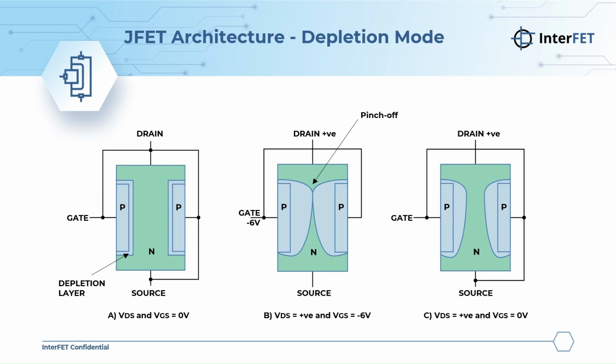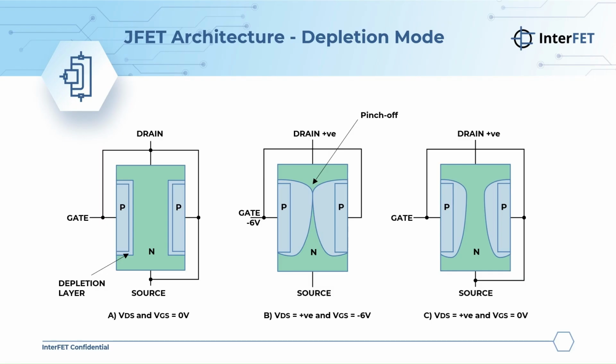In C, where VDS is greater than 0 and VGS is 0, which is an unbiased gate, conduction is set by the device geometry. With the gate at 0 volts and a positive drain-to-source voltage, the device conducts at or near its IDSS, the saturation current at VGS equals 0. The specific current depends on the geometry, which sets transconductance, capacitances, and noise, and on the operating temperature.